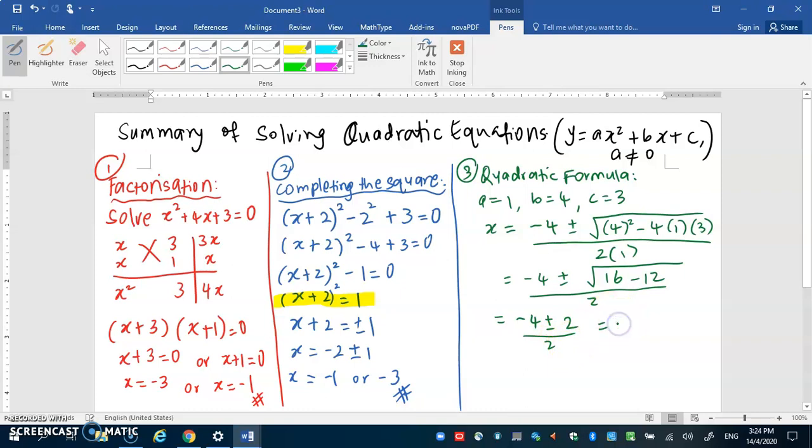Alright, so I'm just going to write it as negative 1, or negative 4 minus 2 divided by 2 is negative 6 divided by 2, which is negative 3. Okay, so once again you would get the same two solutions, x equals to negative 1 or negative 3, even when you apply the quadratic formula. So do you see that for all the different methods you would get the same answer regardless?